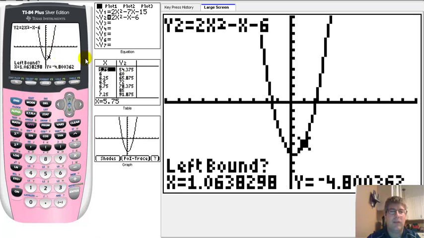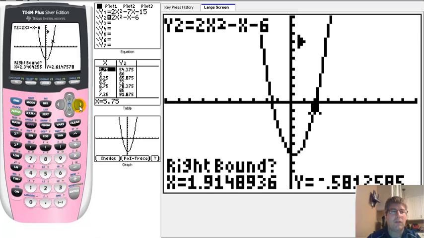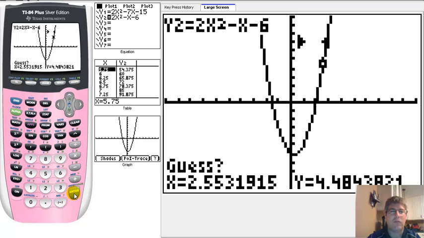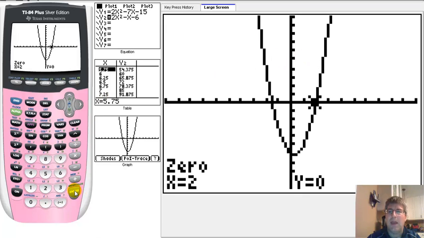So let's work with this x-intercept on the right-hand side. The left boundary, enter. I will cursor up. I need something past that. Right boundary, enter. So I'm going to hunt in here. The calculator is going to hunt in there. Hit enter. And sure enough, the x-intercept is 2.